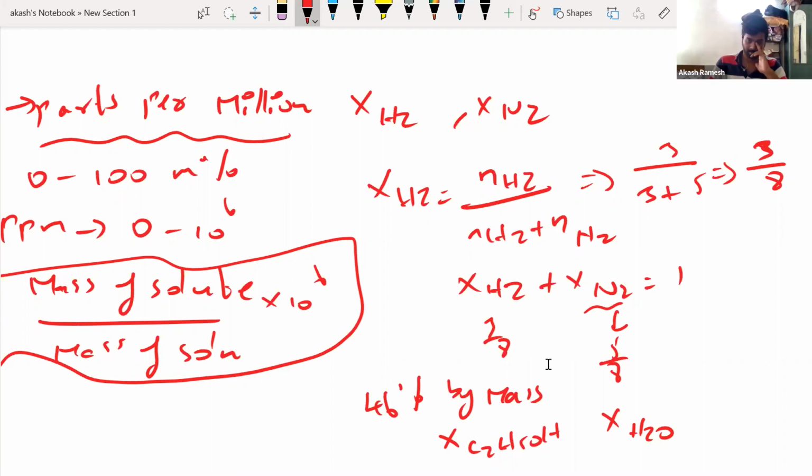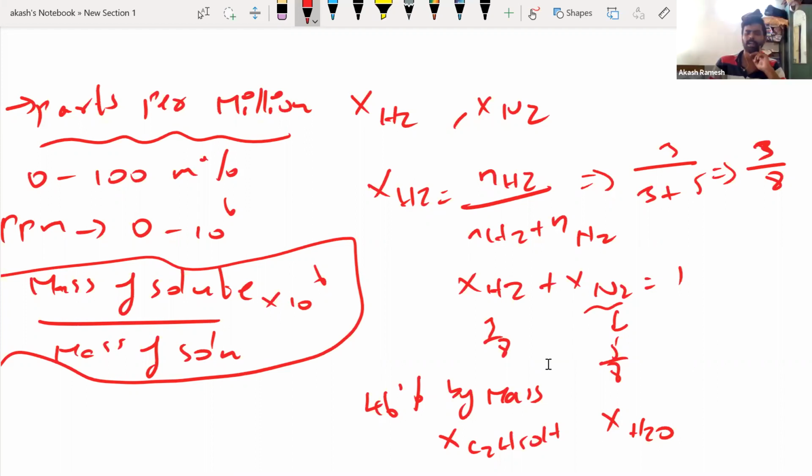Correct. Mass of water will be the remaining 54 grams. Yes, correct. But you have to calculate the number of moles. For calculating mole fraction, we don't need mass. What do we need? Sir, we need number of moles. 46 by 100, sir, we have to simplify.